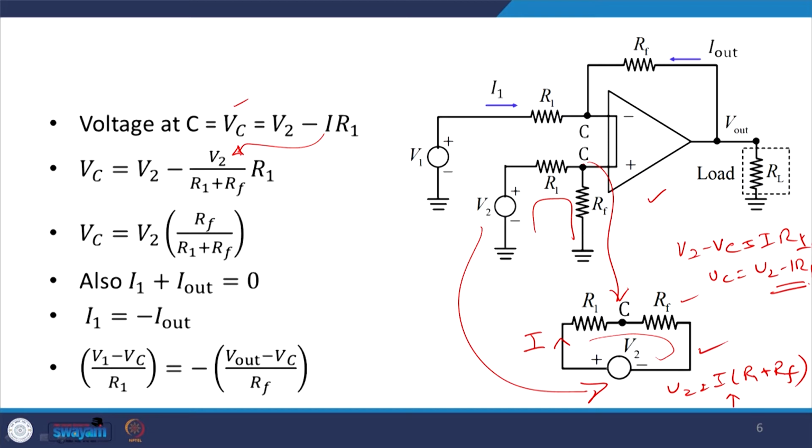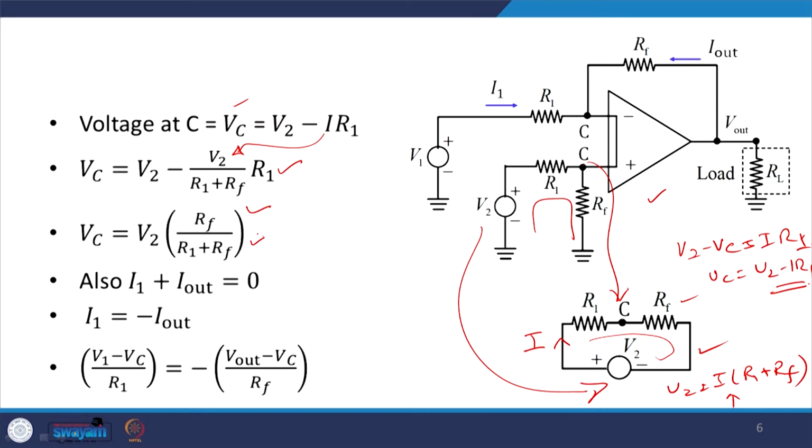I have substituted that, I equal to V2 by (R1 plus RF), into R1. If I simplify this, Vc is equal to V2 times (R1 plus RF minus R1) over (R1 plus RF). So R1 gets cancelled, and you have RF upon R1 plus RF.